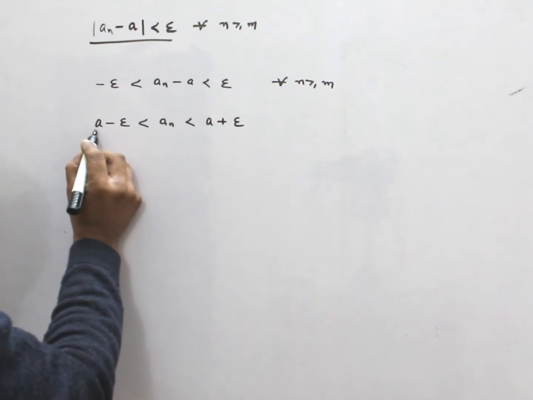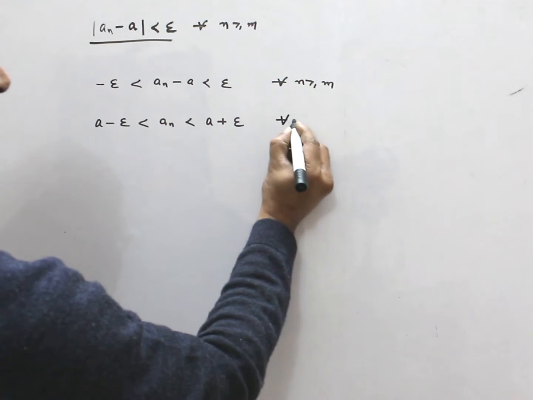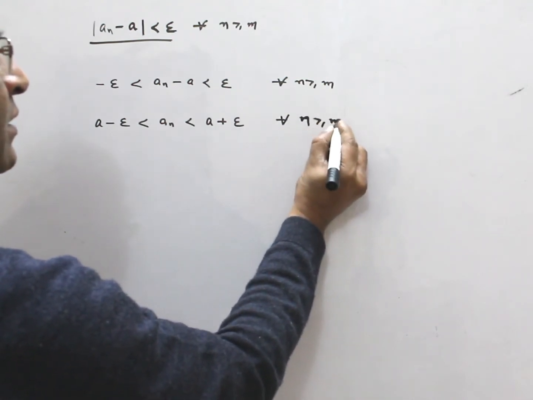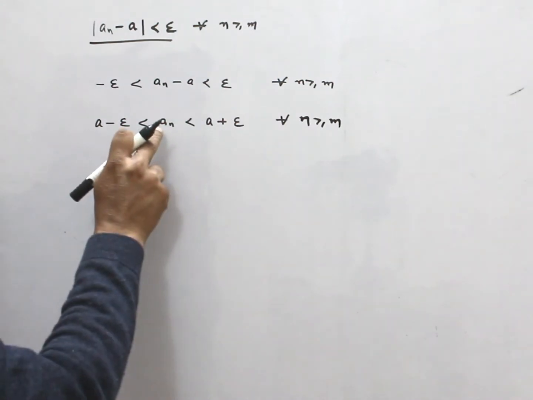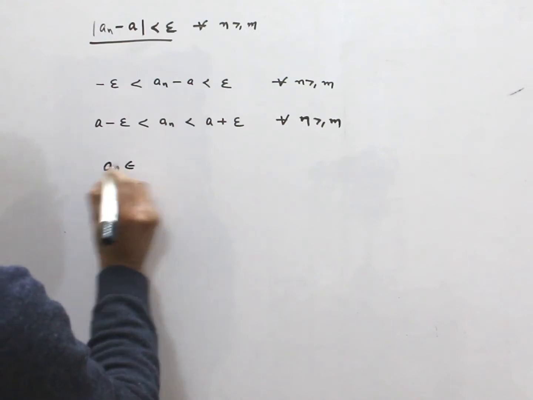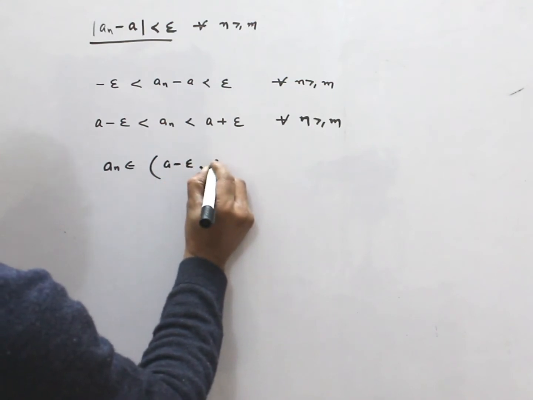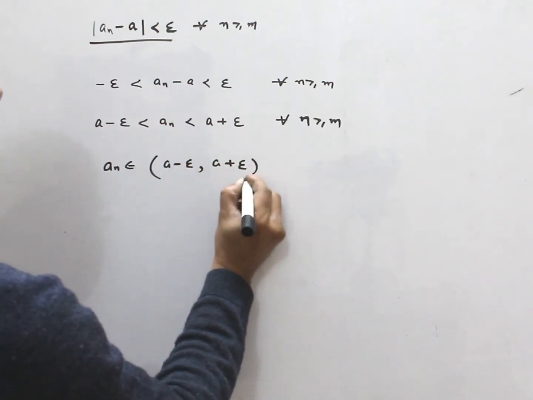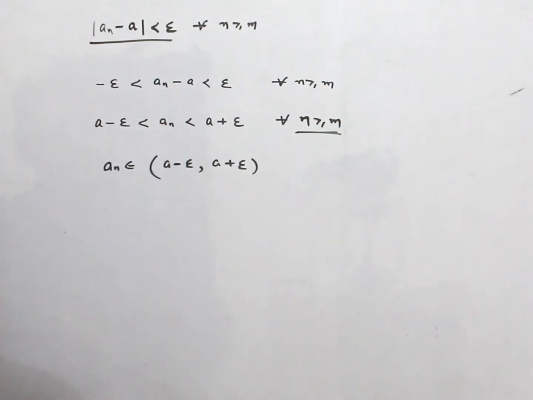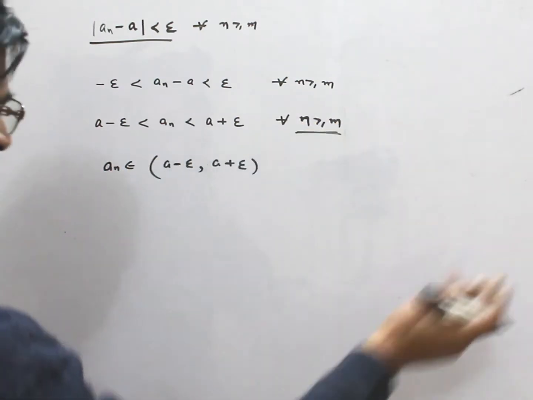Now you see this forms an interval, and n is a natural number with n greater than N. This means an belongs to the interval a minus epsilon, a plus epsilon. Now this condition means n takes the value N or afterward.